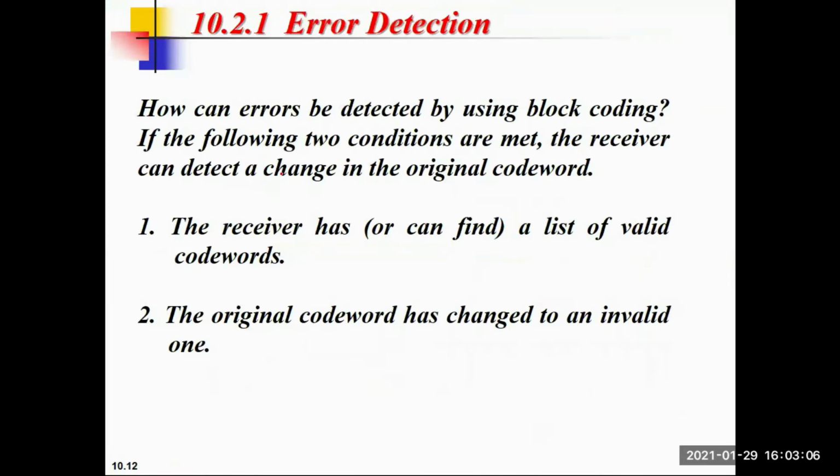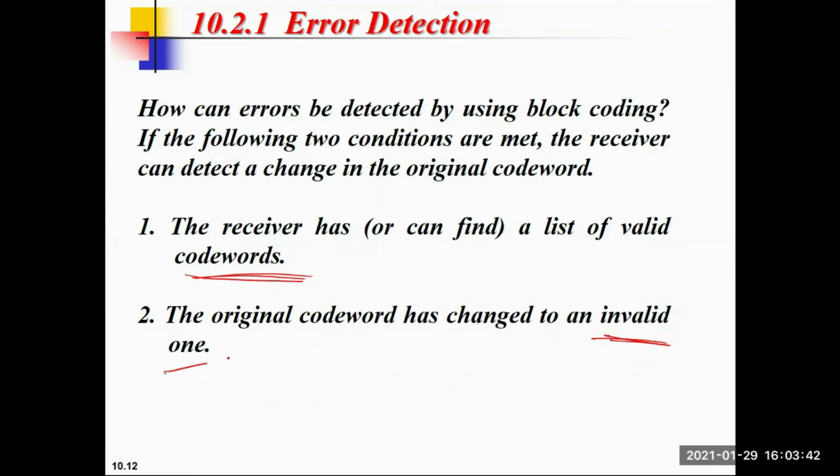So how can error be detected using these block codings? This is one important question. Basically, the receiver has a list of valid code words. If it is matching with those lists, then it will decode those code words into data words. Otherwise, the receiver will say that whatever I am receiving is invalid.